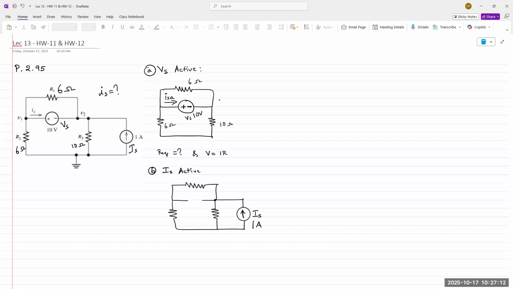Okay, what do we replace the voltage source with if you want to deactivate it? Short circuit, right? So the current source is kept open, and now we have modified the circuit. So if you modify the circuit, what is happening in that circuit?